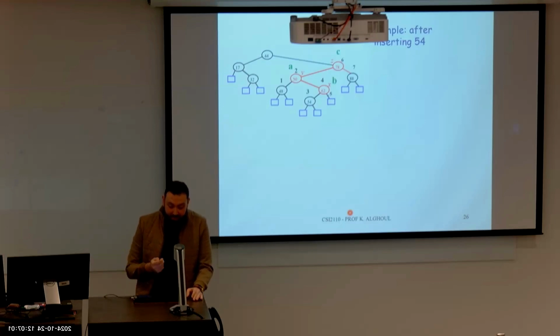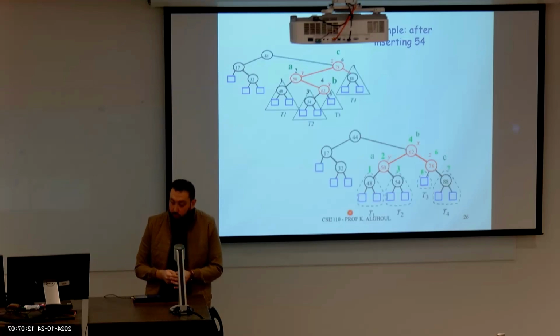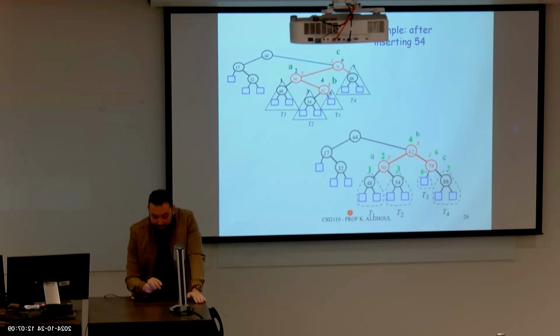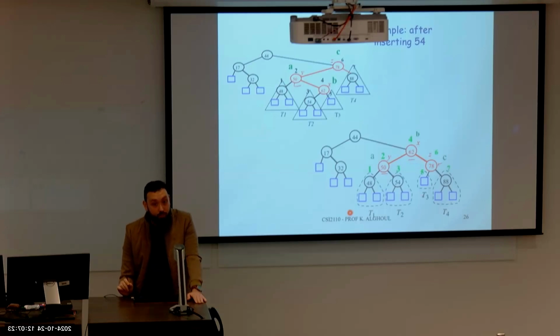Then we have the ABC. Now the next step is to do the T1, T2, T3, T4. So B, we said B is what? Is 62. A is 50. C is 78, correct? And then we're just taking this whole T1, putting it here, T2, T3, T4. That's what actually happened.